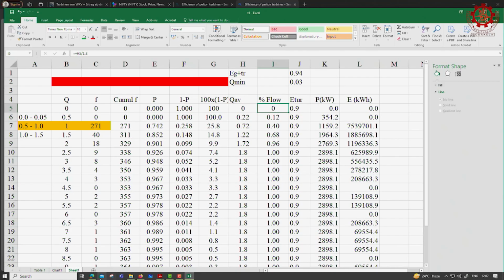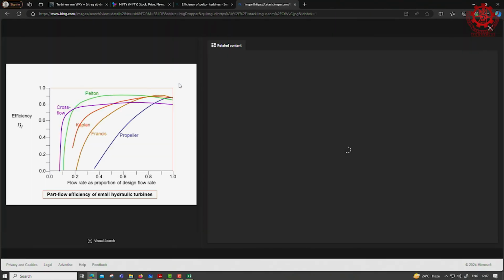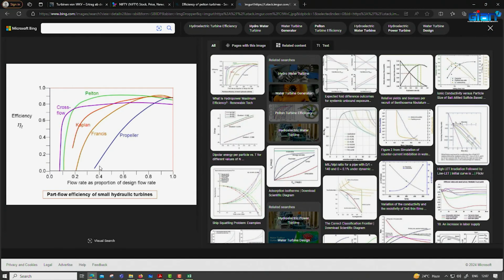But as per this particular chart, when it comes to 0.4, efficiency is already 0.9. See, flat, we are already in the flat region, right. That is why I put 0.9 as the efficiency, because we have selected the Pelton turbine.